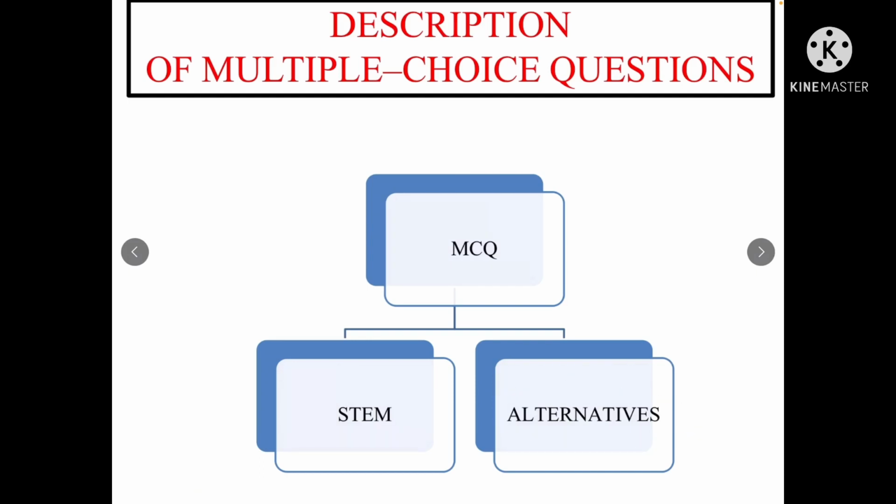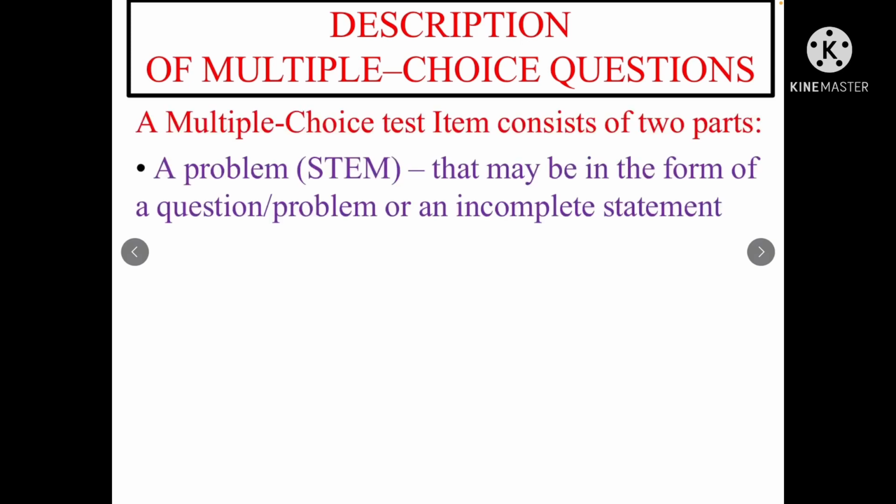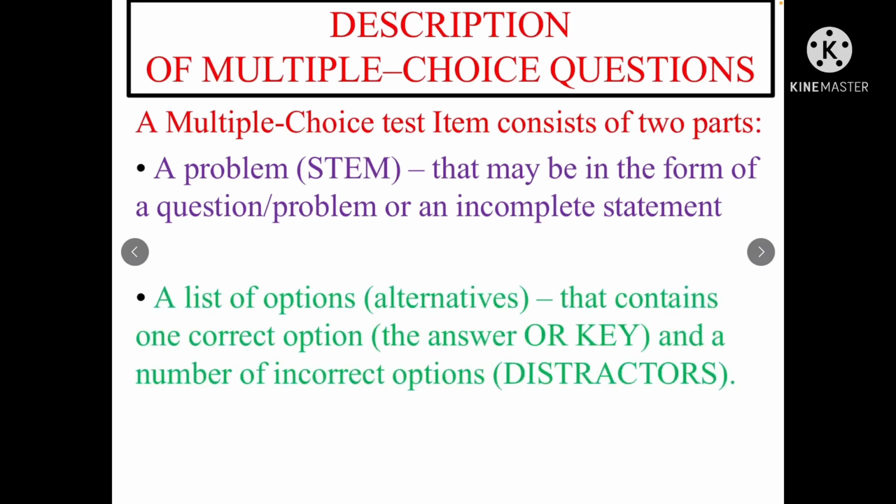Stem means a problem, or it may be in the form of a question or an incomplete statement. And alternatives contain one correct option, which is called the key, and a number of incorrect options that are called distractors. So mainly we have two parts of a multiple choice type question. One is stem and another is alternatives, which contain distractors and key.